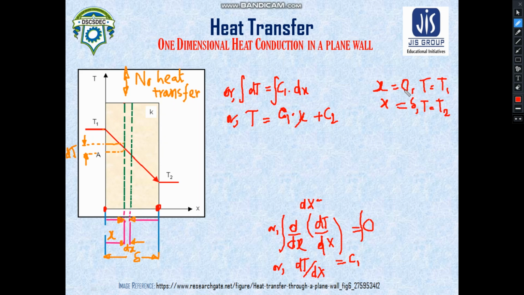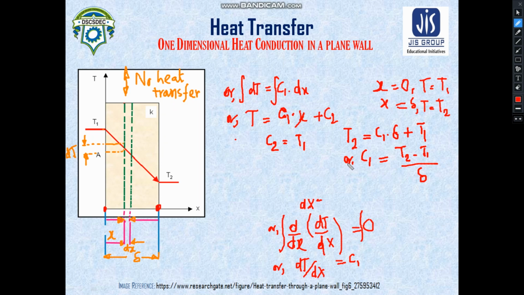Now if we put x equal to 0, it is quite easily understood that we will get the value of this constant C2 as T1. And after we put x equal to delta, then we will get C1 into delta plus T1. So you can easily find out the value of C1, which is nothing but (T2 minus T1) by delta.